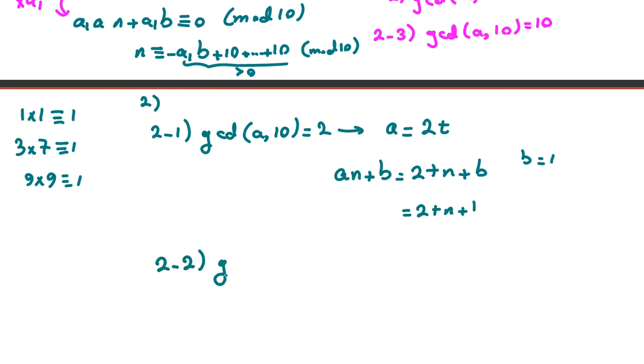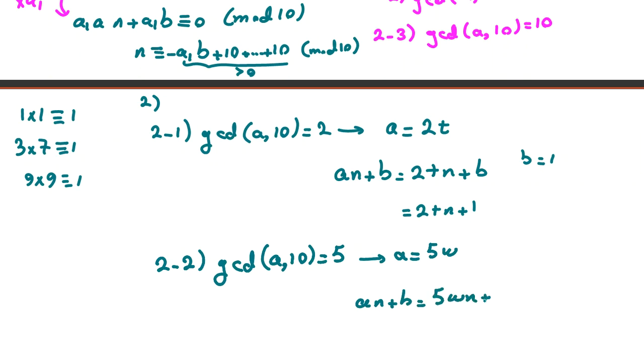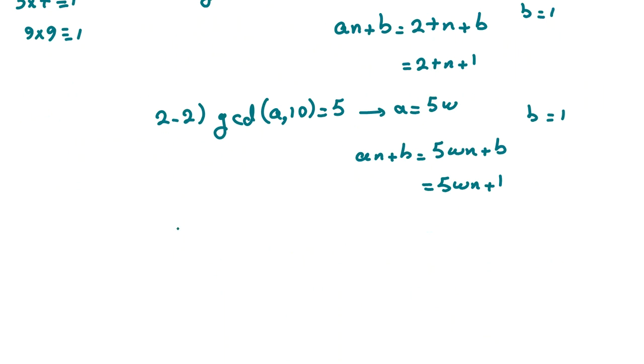Case 2.2: GCD of A and 10 is 5. A is, for example, 5W. AN plus B will be 5WN plus B. Again, which B is good for Hillary? B is 1. Again, the remainder when divided by 5 will be 1. It is not a multiple of 5, so it cannot be a multiple of 10.